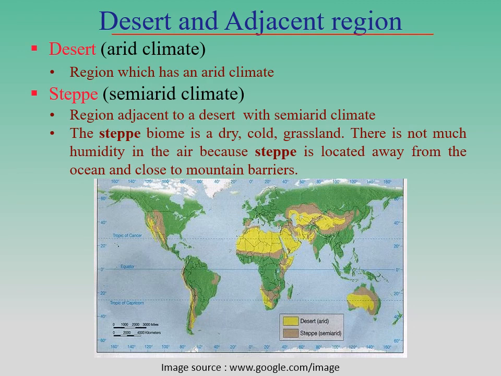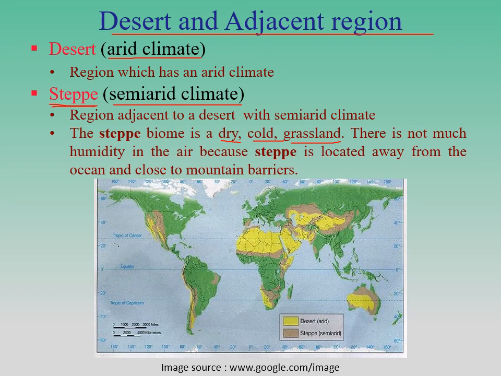The peripheral part of the desert area, or the peripheral part of the arid climate, is not so arid, so it is known as semi-arid condition or semi-arid climate, and these areas are known as steppe. The steppe biome is dry, but cold, and there we find lots of grassland. There is not much humidity in the air because the steppe is located away from the ocean and close to the mountain barriers.